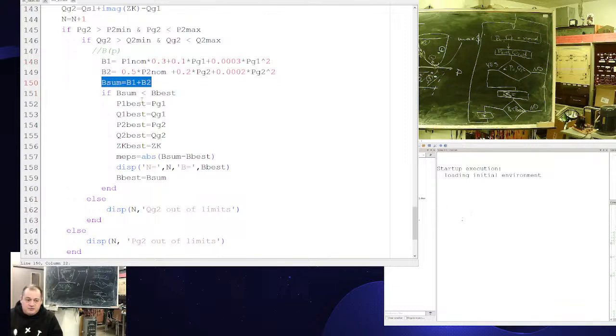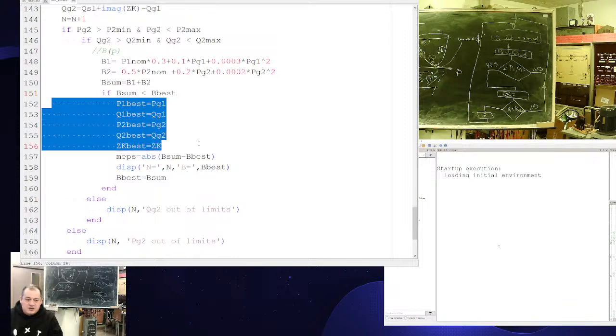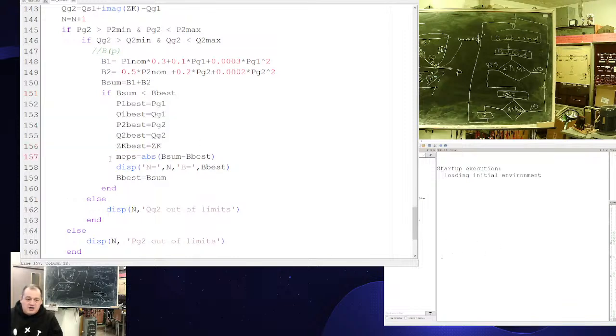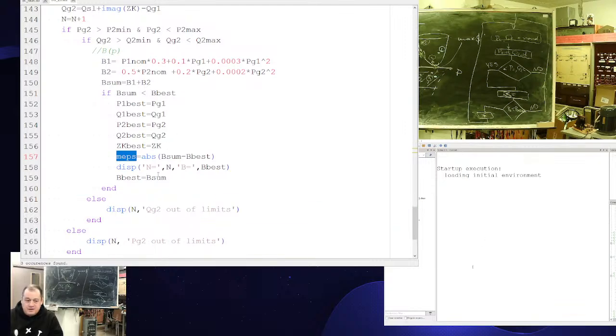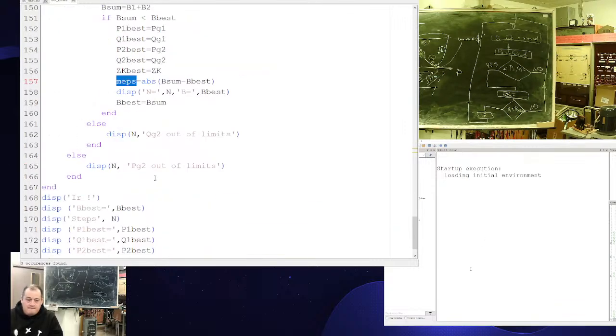Total consumption of fuel. If total consumption is better than the best one, we save the regime parameters. We calculate precision as a difference between the previous best and the next one, and put it here.